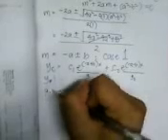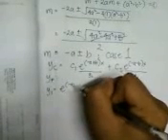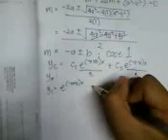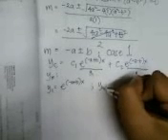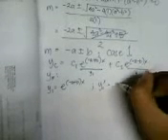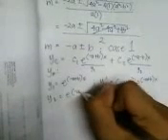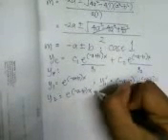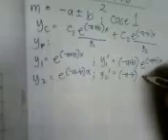So y1 is equal to e raised to negative a plus b times x, and y1 prime is equal to negative a plus b times e raised to negative a plus b times x, and y2 is equal to e raised to negative a minus b times x, and y2 prime is equal to negative a minus b times e raised to negative a minus b times x.